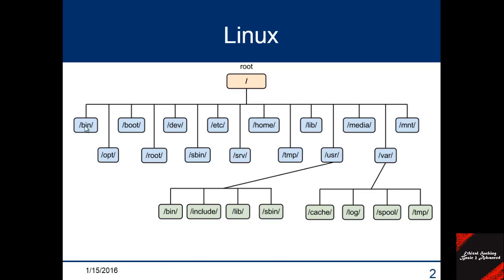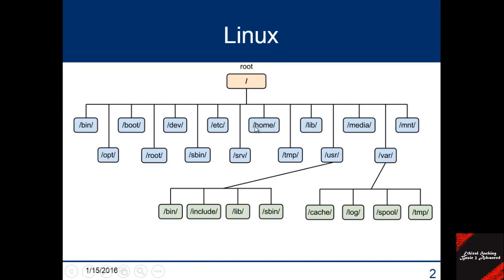So when you type, for instance, ls, or nano, or any command, how does the operating system understand this command? It will go to this folder and it will check the nano file that explains how to execute nano. So if someone accidentally deletes a file from here, no one will be able to use this command. And we're going to see that in a few seconds when we open the Linux machine.